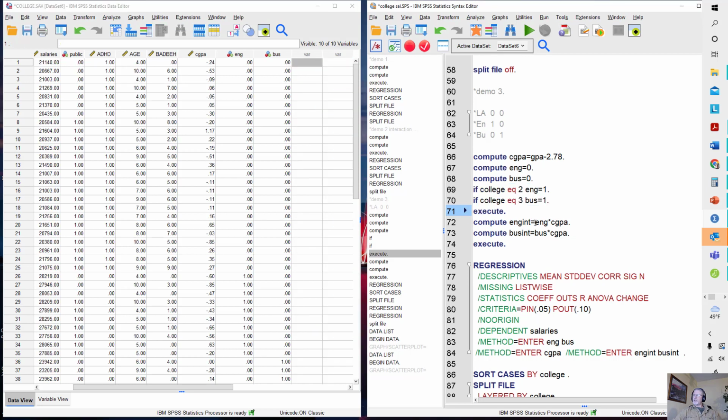Finally, I'm going to do the interactions, and I'm going to call that engineering interaction, business interaction. I'm remembering that I'm doing that as a function of GPA. So these are centered interaction terms. And so I'm going to get engineering times centered GPA, business times centered GPA.